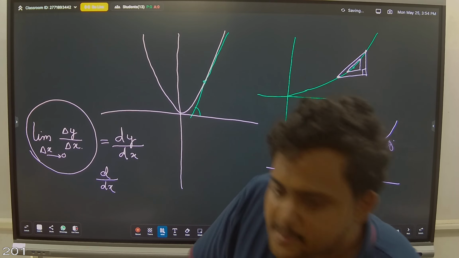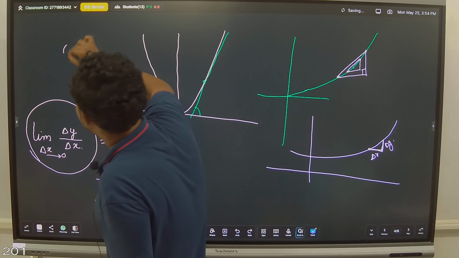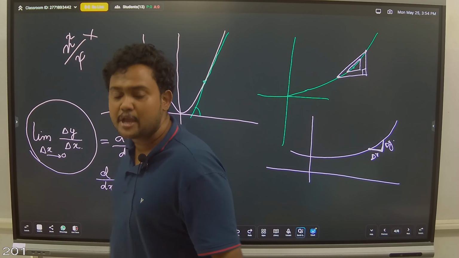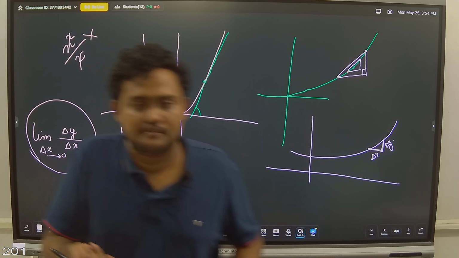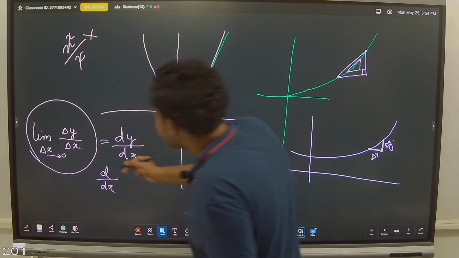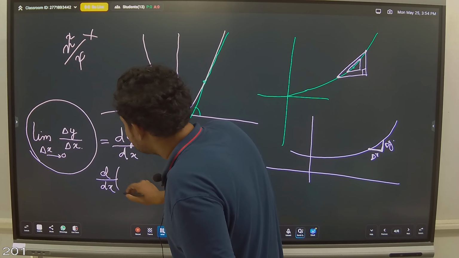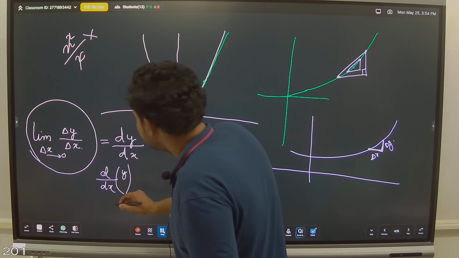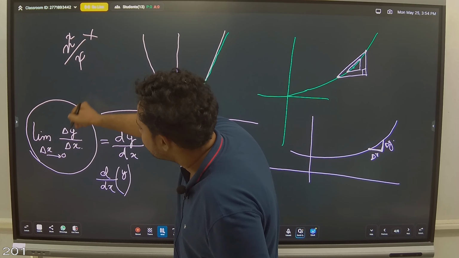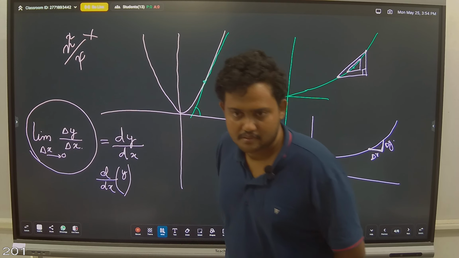Similarly, d by dx is an operation that you are doing on y. D by dx of y is limit delta x tends to 0, delta y by delta x, correct?